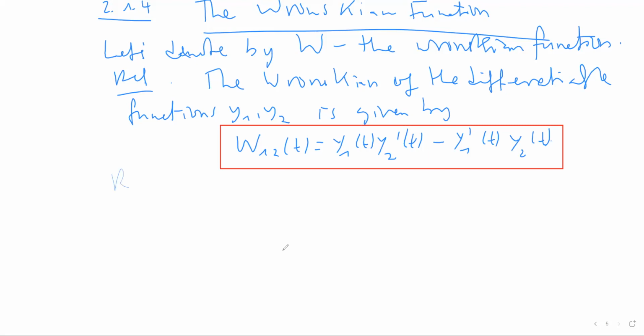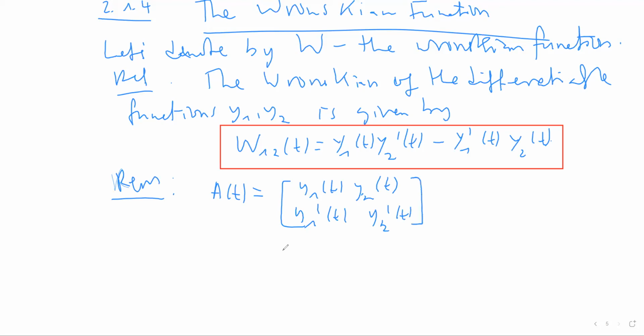So remark is that we have a matrix A of t which is given by y1 of t, y2 of t, y1 prime of t, y2 prime of t. Then the Wronskian is nothing but the determinant.